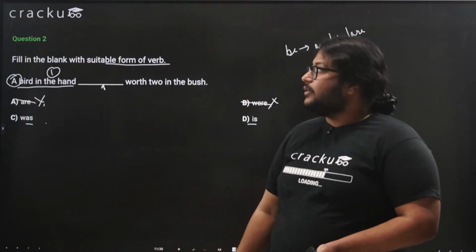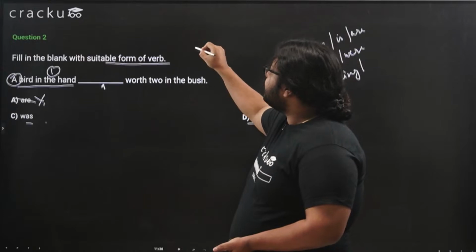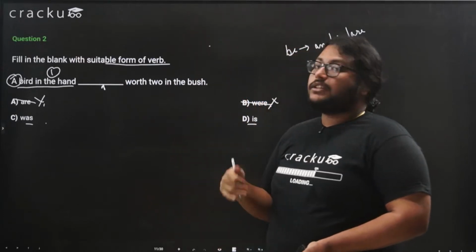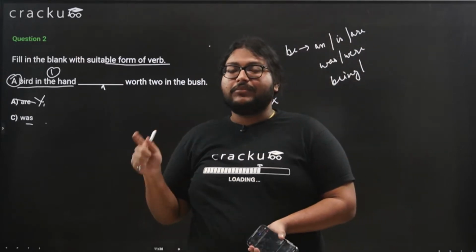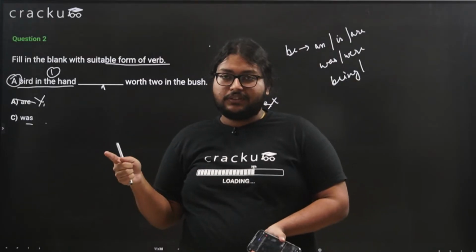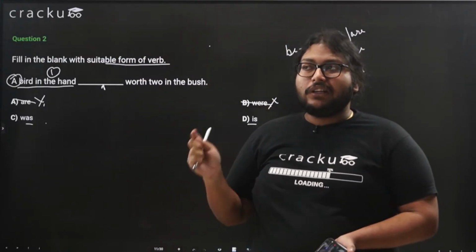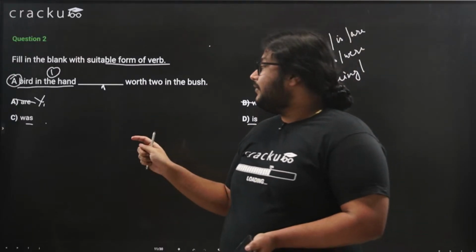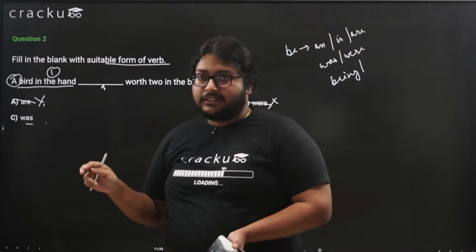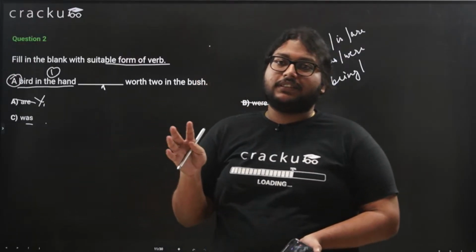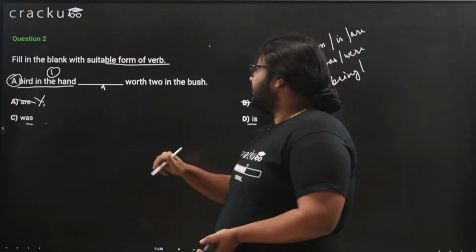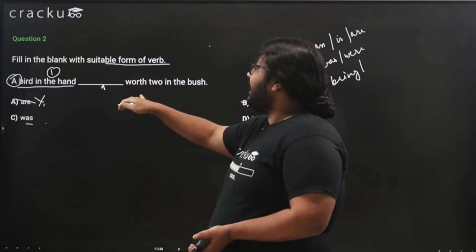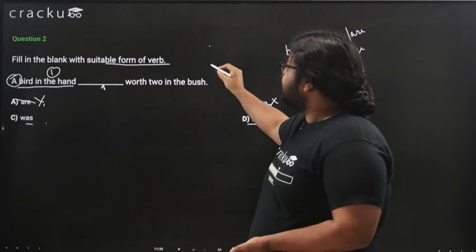Here what we need to know is there is a rule for tenses: if something is a general truth, then it always takes a simple present. If it is a proverb, then it always takes a simple present, in all cases. So this, a bird in hand is worth two in the bush, this is an idiom, right?